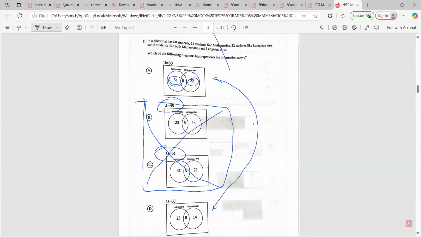So if I add up all of this, it will be 31, 22, and the 8. 8 and 2 is 10. So it gives me 61. Nobody saw that. It's actually 61. So I could look at this now.